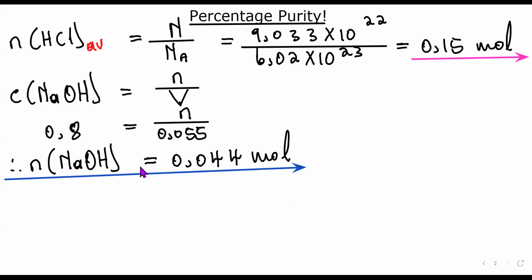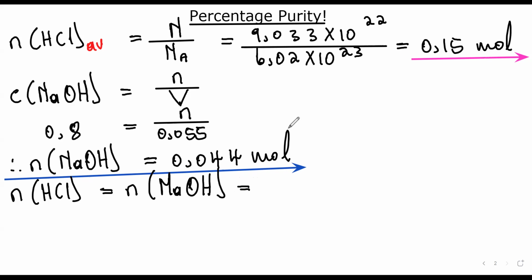But if you look at your second reaction, you can see that sodium hydroxide and the acid react in a 1:1 ratio, which means that the number of moles of the acid will be exactly equal to the number of moles of the base. Equal amounts are needed in this case in order for the acid to be neutralized.